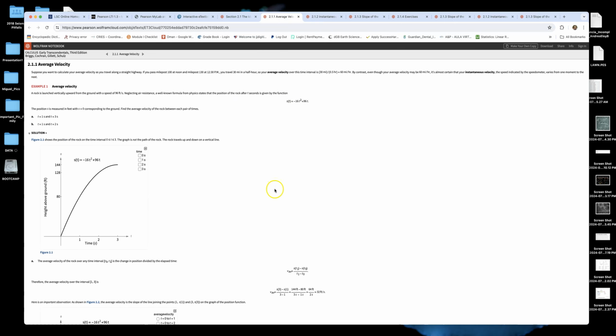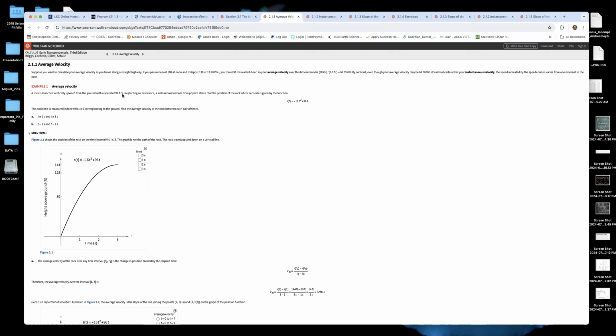So they define this problem. Assume that you have a rock that you launch in a vertical direction from the ground, with an initial velocity of 96 feet per second.